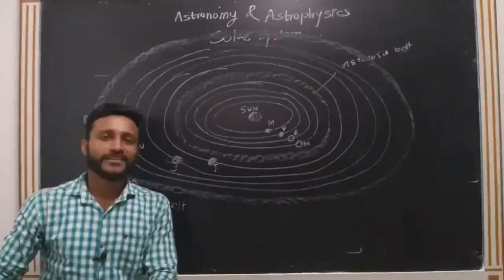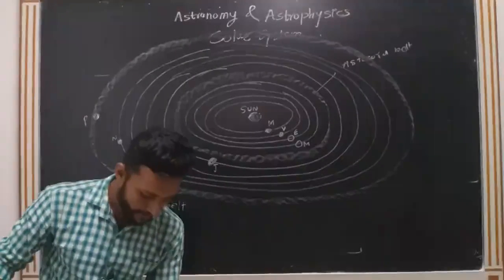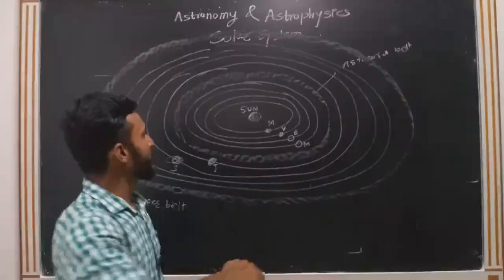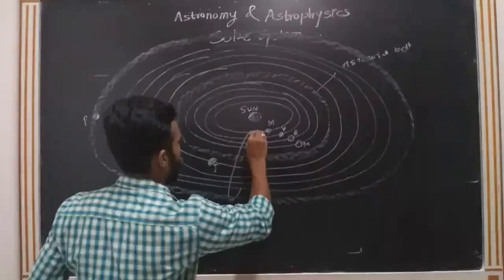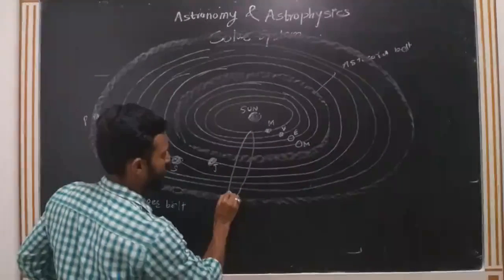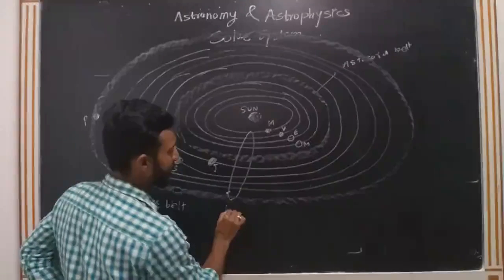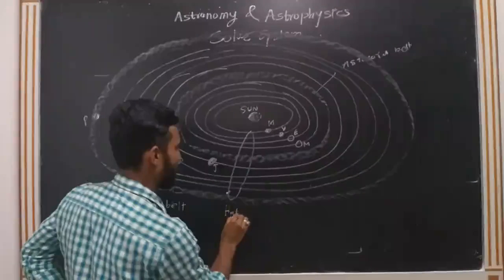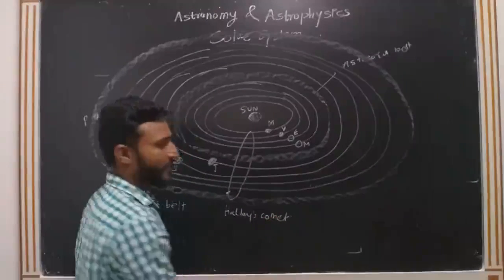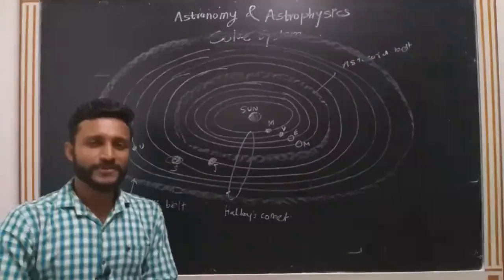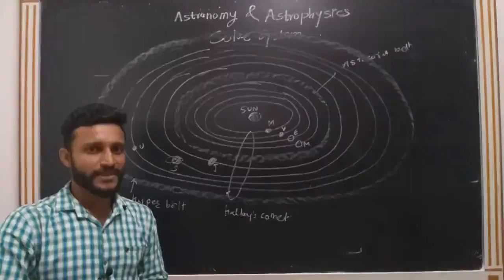And one more very interesting member of our solar system I am going to introduce, that is here, Halley's comet, which comes after 76 years every time.